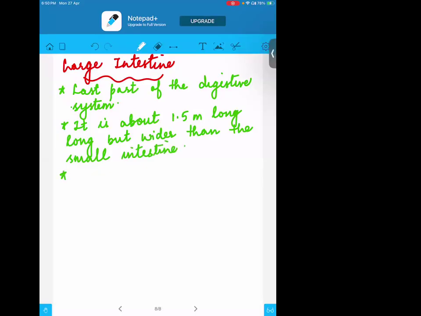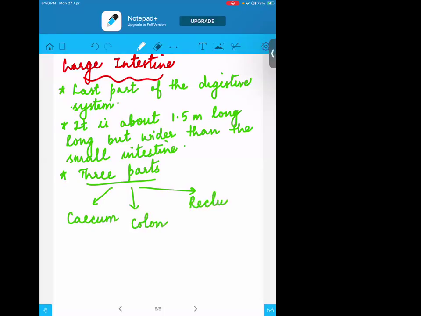Then they have 3 different parts. Like the small intestine, which had the duodenum, jejunum, and ileum, they also have 3 parts, which are called cecum, colon, and the rectum. So cecum is basically the starting part.